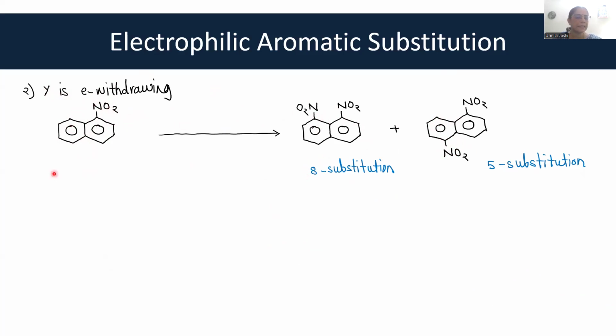This is the case even when the first group that is already present on the naphthalene ring is at 2 position also. Still, 5-substituted and 8-substituted products are formed. Okay. This will also give 5-substituted and 8-substituted products. Now, questions I will give after phenanthrene and anthracene.